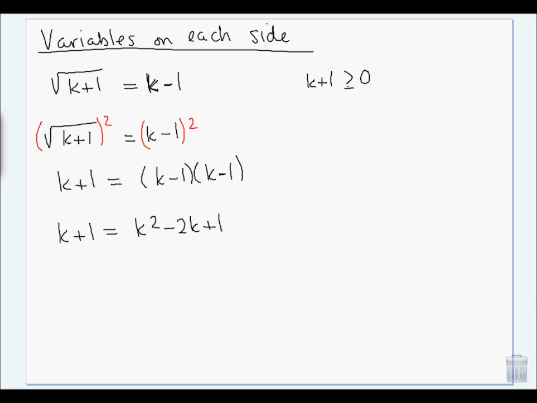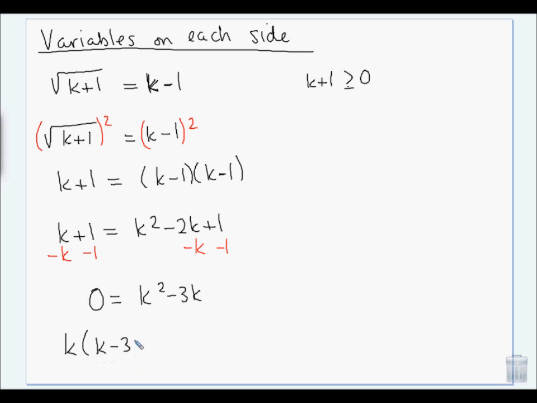So I'm going to subtract k from both sides, and I'm going to subtract 1 from both sides, so that I end up with 0 over here and k squared minus 3k here. Which I will factor.